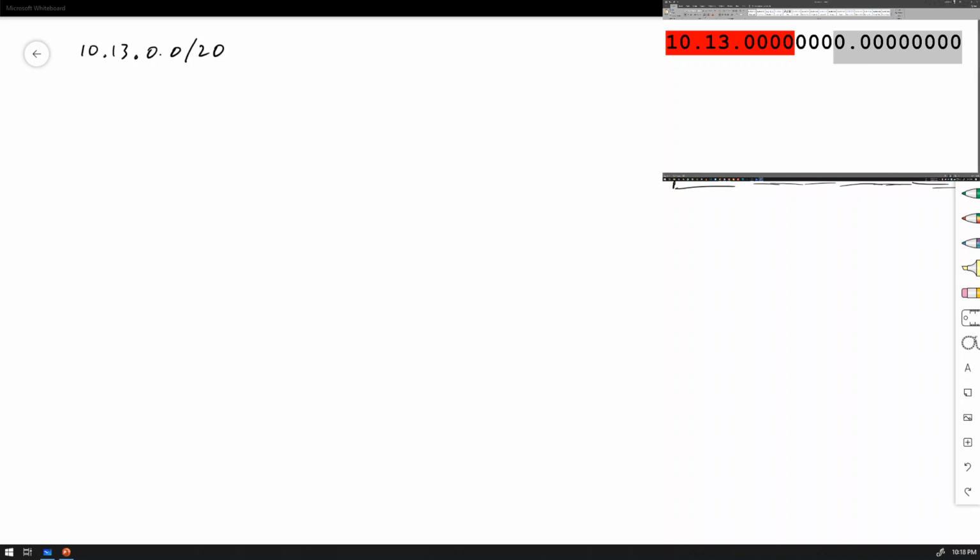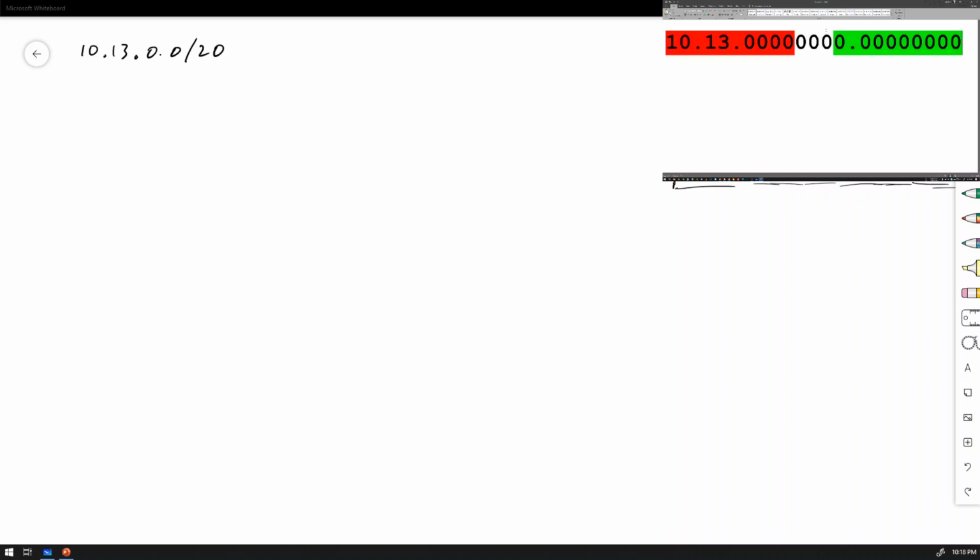The 9 bits from the right hand side, I'll highlight them green because this will be our host bits. The remaining 3 bits are our subnet ID. So how many subnets can we make from here? What do you think? 2 to the power 3, we have 3 bits, so it's 8, right?